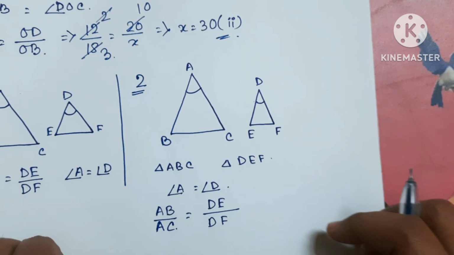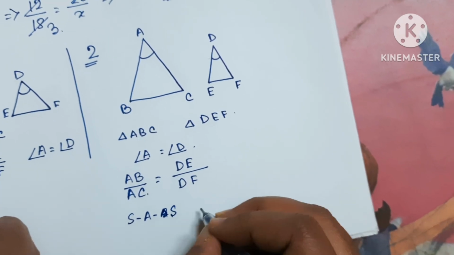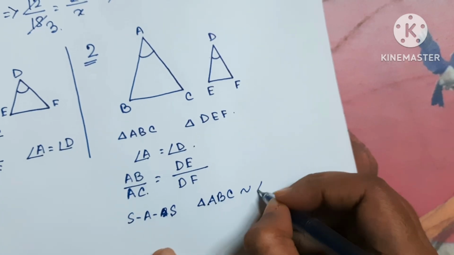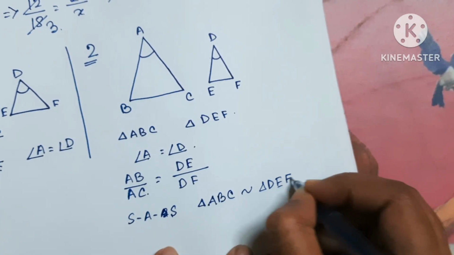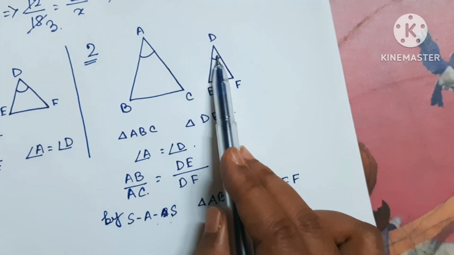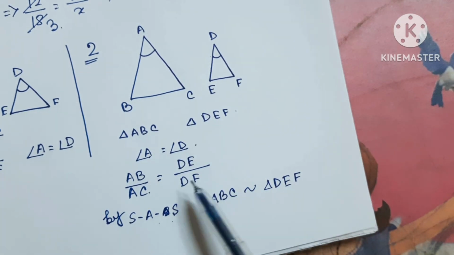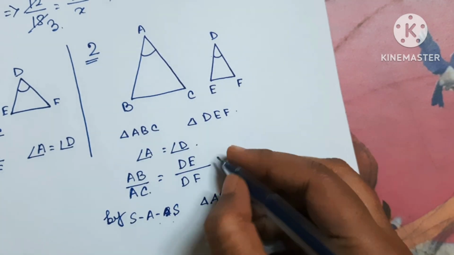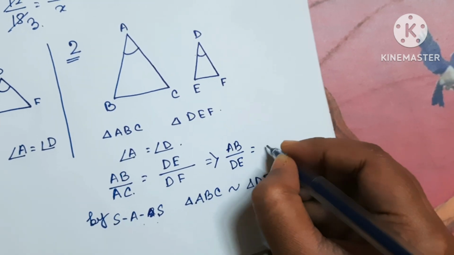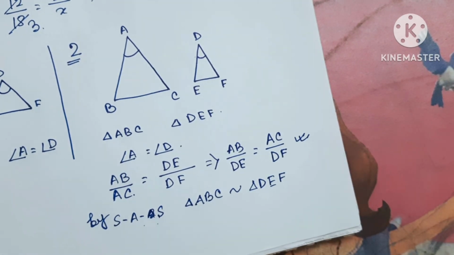That means by the postulate, by SAS, triangle ABC is similar to triangle DEF by the SAS postulate. Common angle and the sides including this angle are proportional. Understood? Because that means AB by DE is equal to AC by DF. You have to write it this way. Understood?